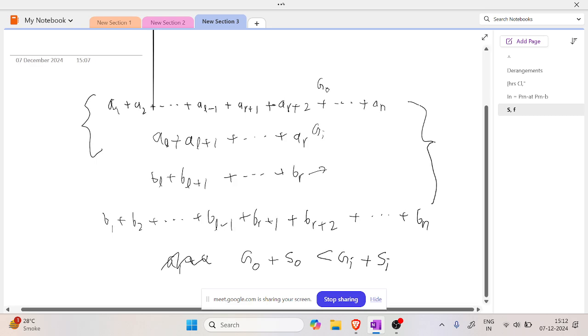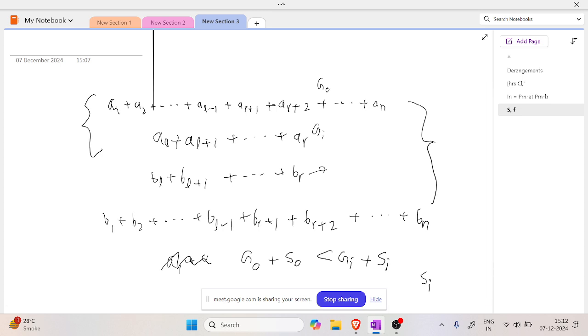Basically, what you care about is the difference Si minus So, and that should be greater than Go minus Gi. And don't worry too much about calculating these values, because that can be done easily using prefix sums, as you know.